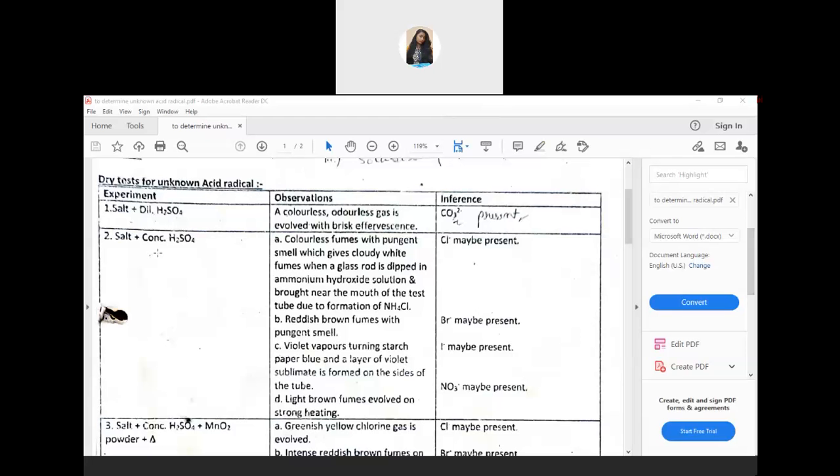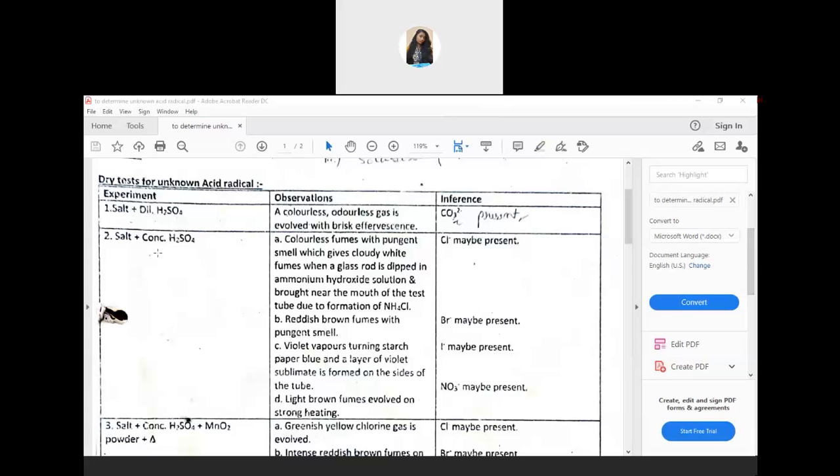Got it? So what this means: if you add salt and concentrated H2SO4, as soon as you add the concentrated H2SO4 in the test tube, you can see colorless fumes with a pungent smell, which give cloudy white fumes.